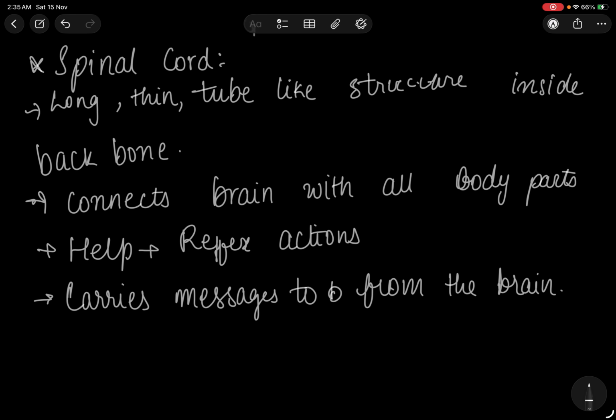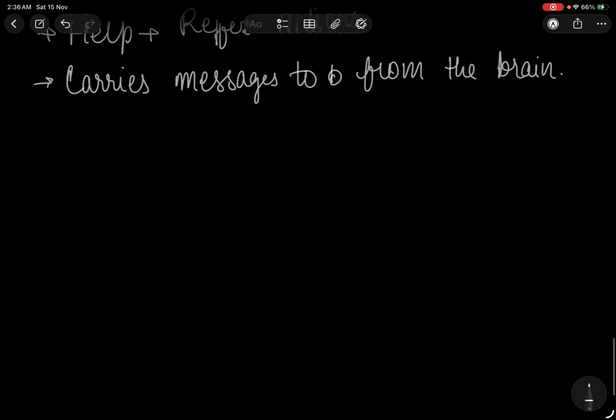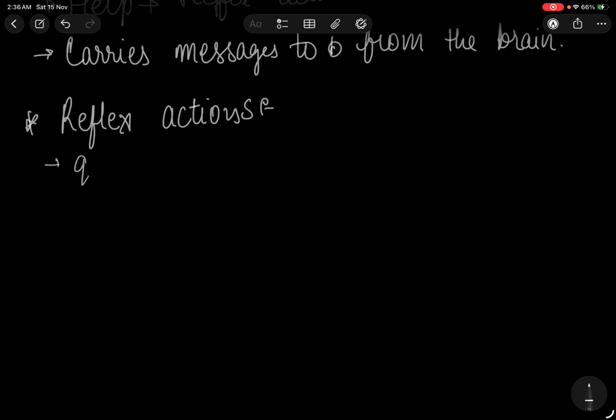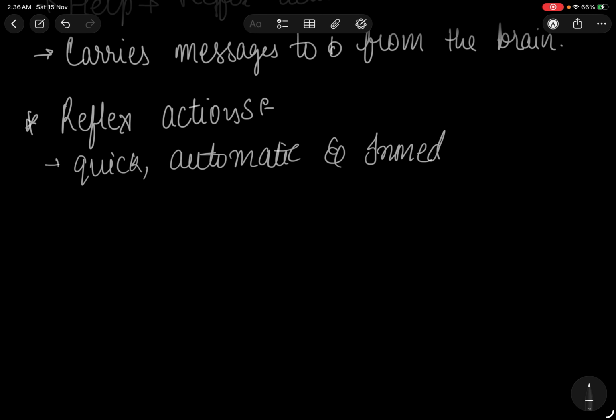So next point we need to discuss about is reflex actions. Reflex actions are quick, automatic, and they give immediate response to the stimuli.